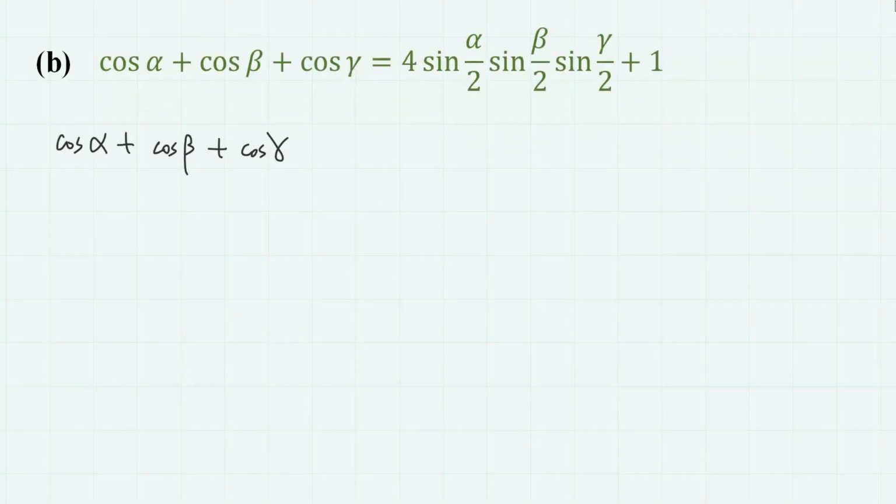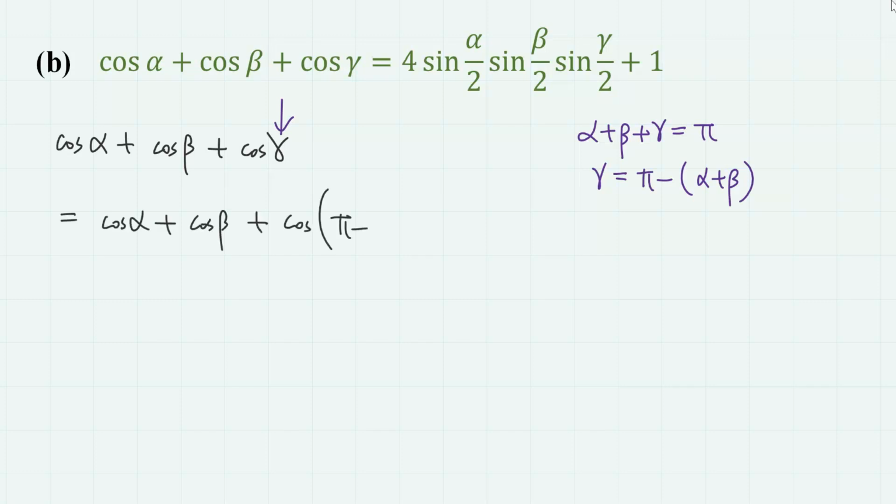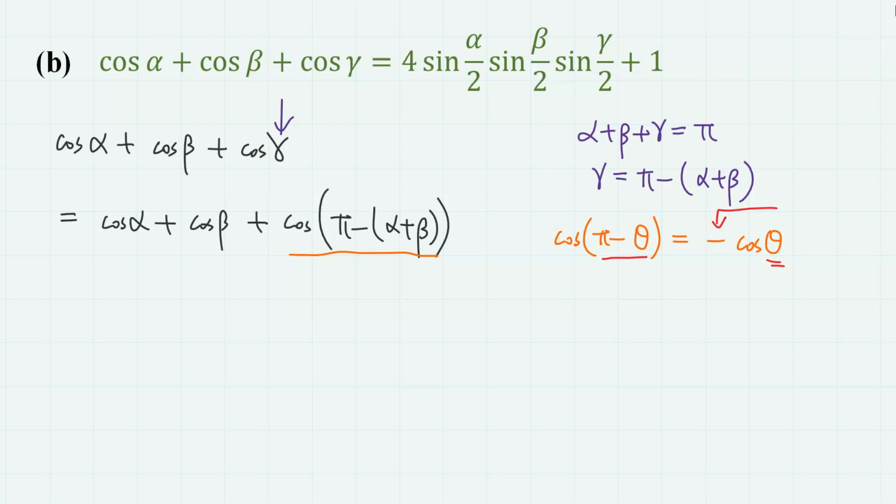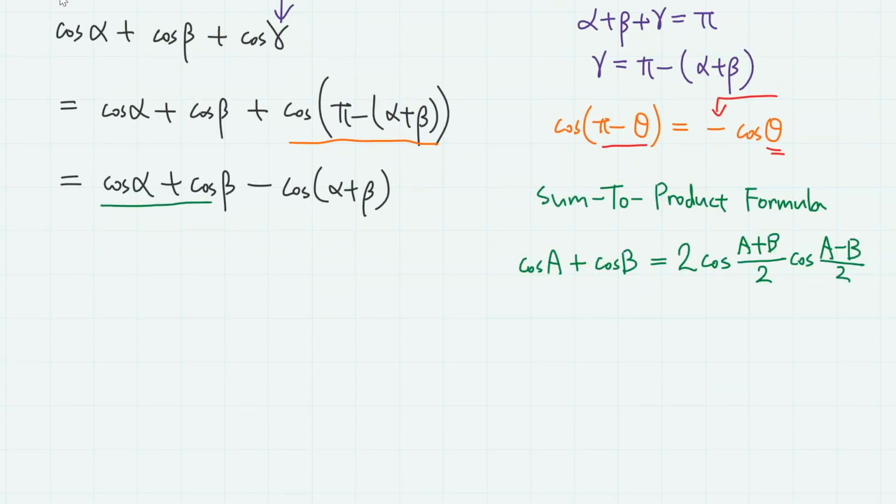And the second problem for the sum of cosines is very similar. So first, we change this gamma into pi minus (alpha plus beta) using our given angle condition. And for the relation between cosines of pi minus theta and theta, we require this minus sign. So we have cosine alpha plus cosine beta minus cosine (alpha plus beta). For this part, we apply the sum to product formula for cosine plus cosine.